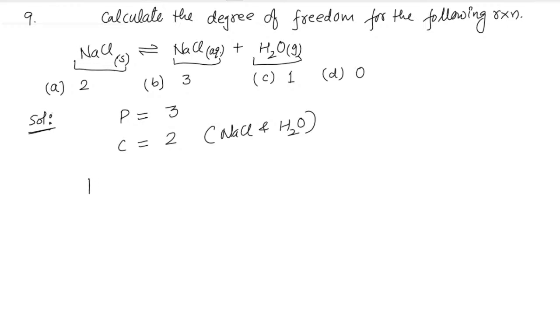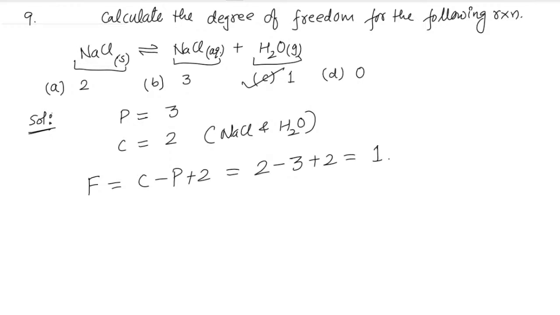So degree of freedom is C minus P plus 2, so 2 minus 3 plus 2. Degree of freedom comes out to be 1. Right?